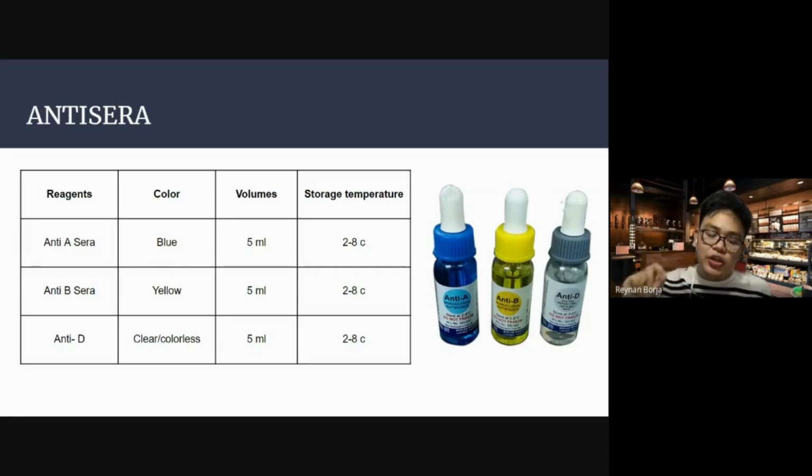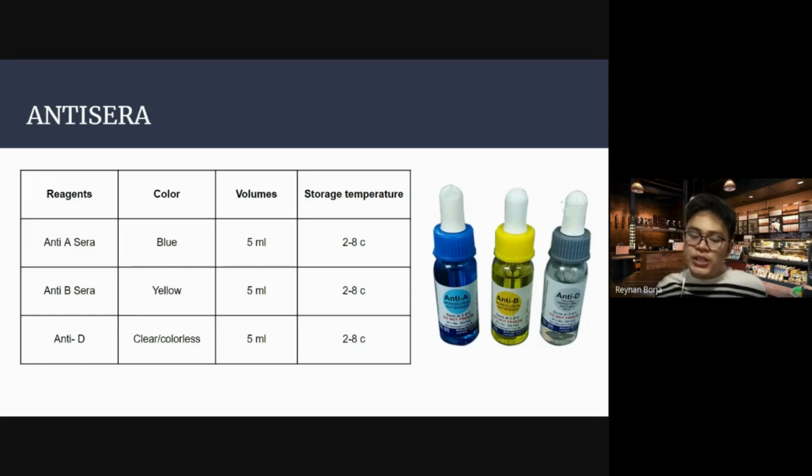Kaya siya naging universal donor, si blood group O, because blood group O doesn't have what? A and B antigens. So walang matatransfuse na antigens or foreign antigens kay patient. Tama? Okay, tama.